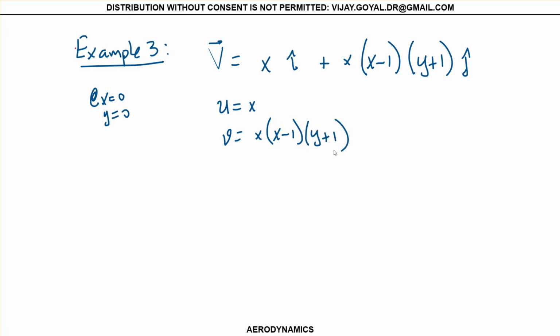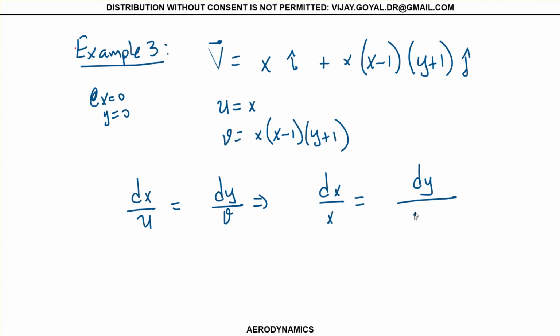Okay, I know my equation, dx over u is equal to dy over v. So from here, dx over x is equal to dy over (x minus 1) times (y plus 1).